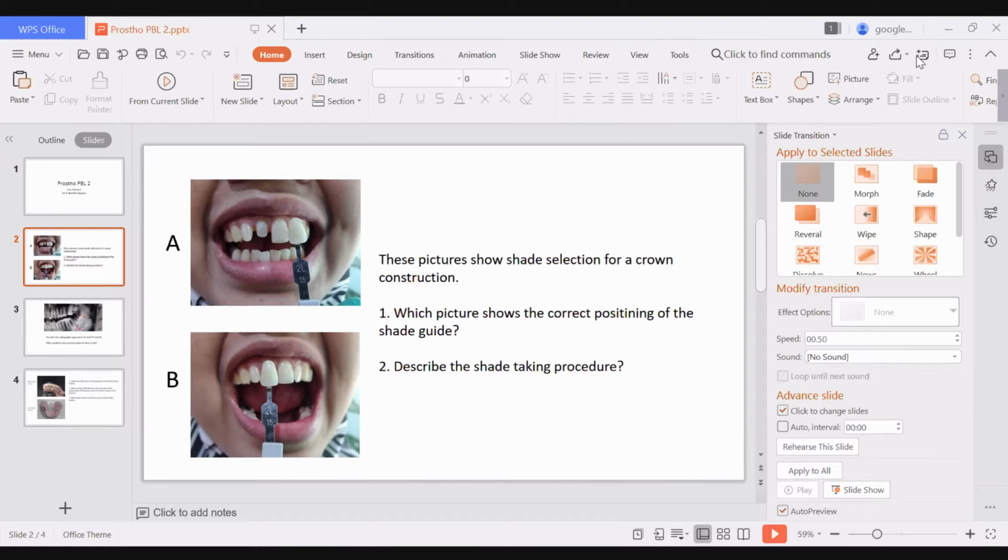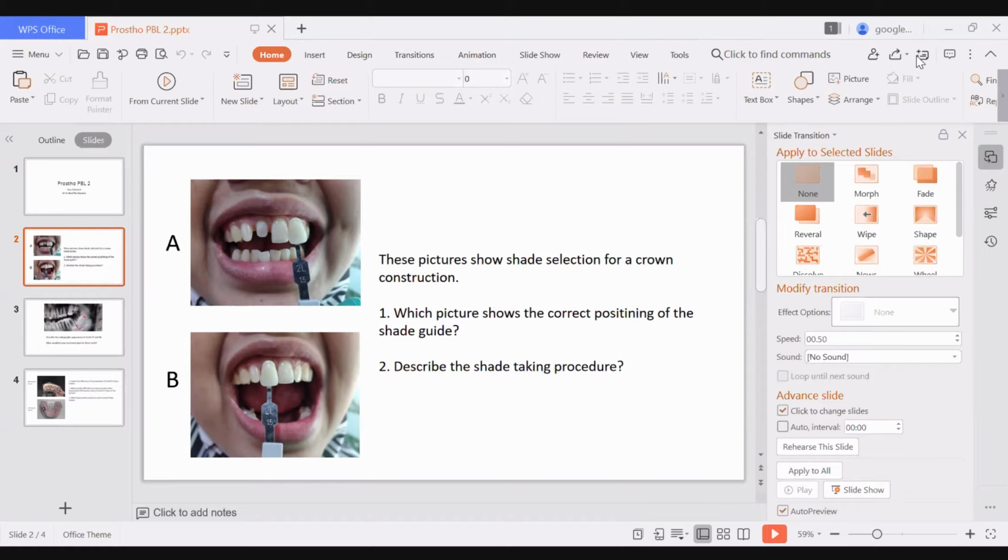So the best is always before you do the crown prep. At whichever point of the appointment you meet the patient, before you do any treatment, the teeth are still hydrated in their natural condition, and you can do the shade selection.